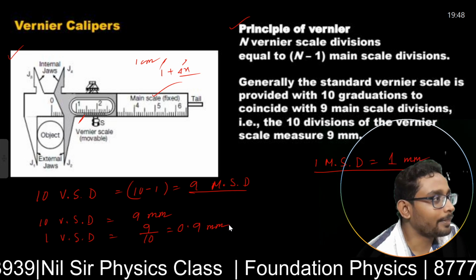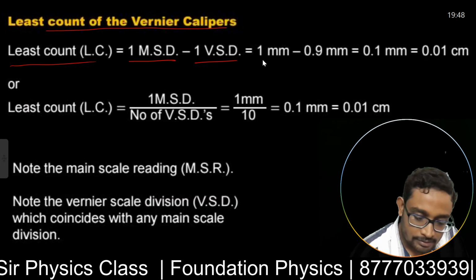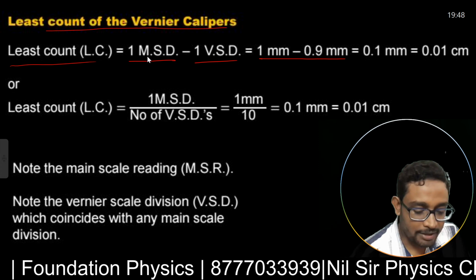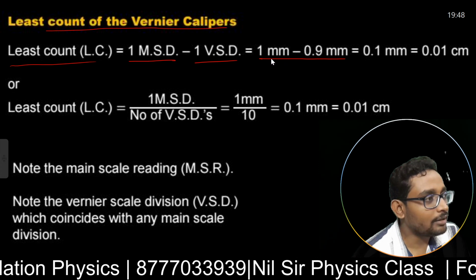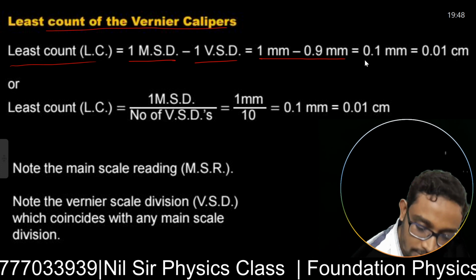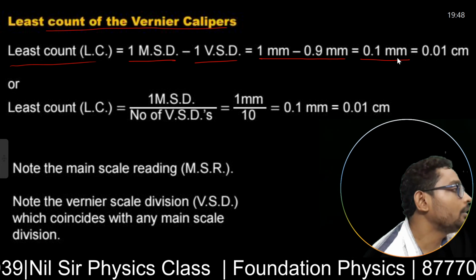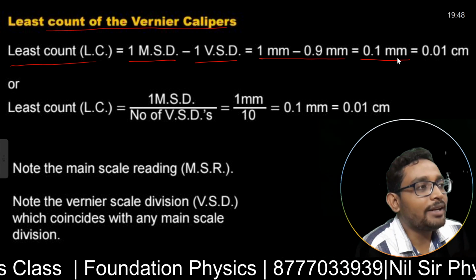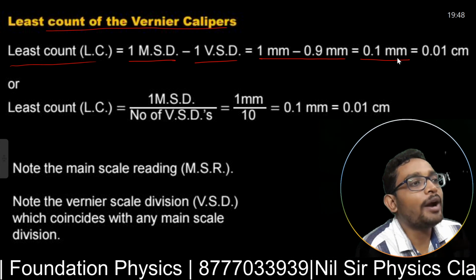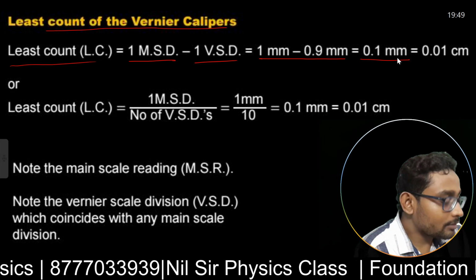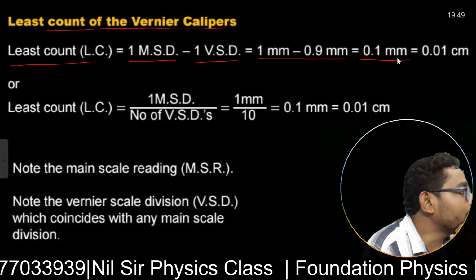So 1 main scale division is 1 millimeter, 1 vernier scale division is 0.9 millimeter, which gives 0.1 millimeter. So what is the least count of vernier scale? 0.1 millimeter. But what was the least count of the centimeter scale reading?